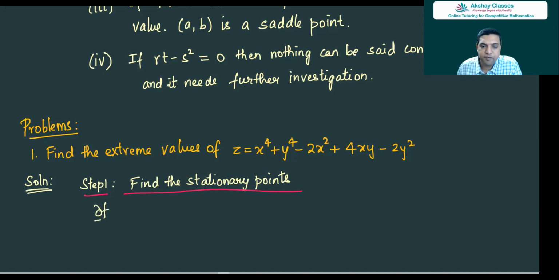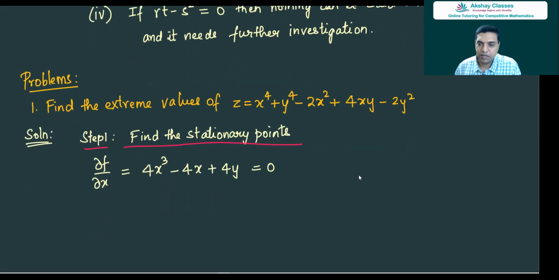So dou f by dou x: 4x cube minus 4x plus 4y equal to 0. That is equation 1.